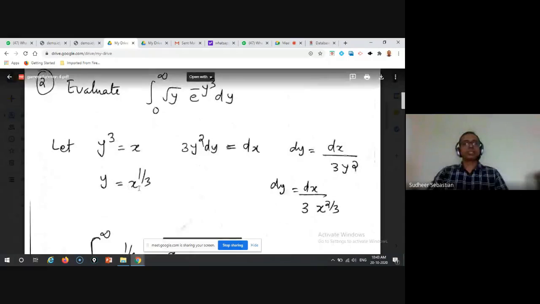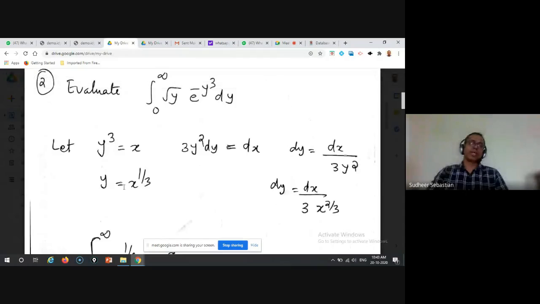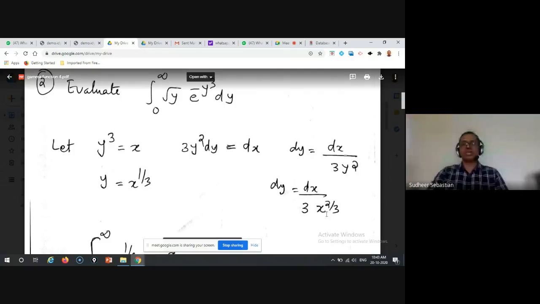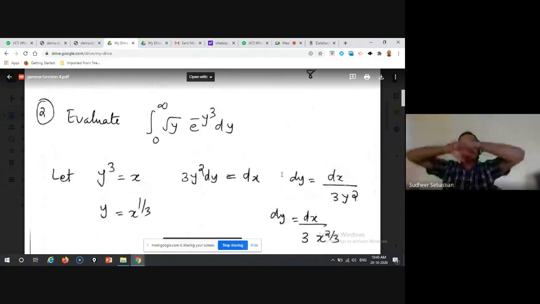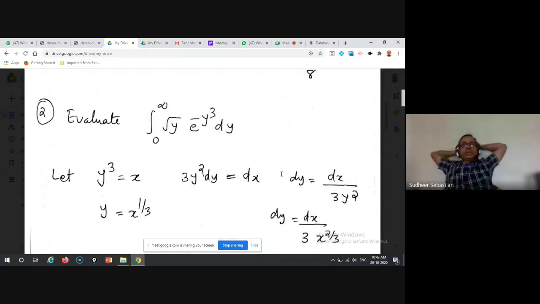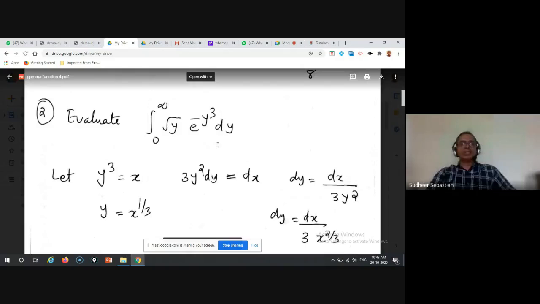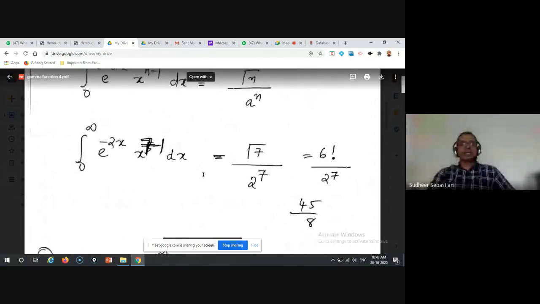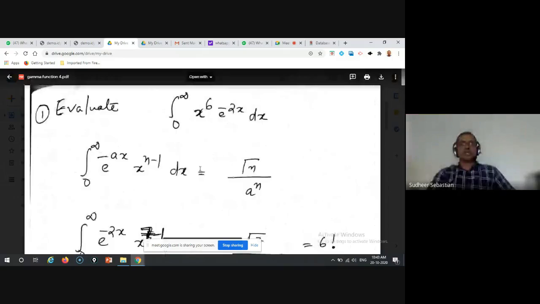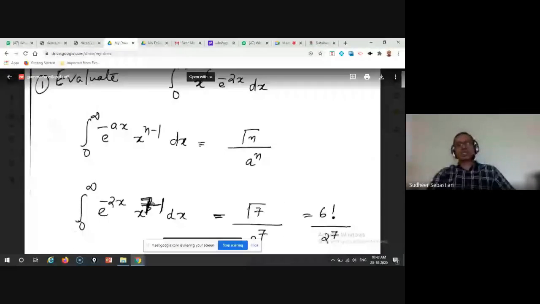So y equal to x to the power 1 by 3, and dy will be dx over 3x to the power 2 by 3. We are trying to evaluate this, and it is not exactly in the form of the definition of the gamma function.